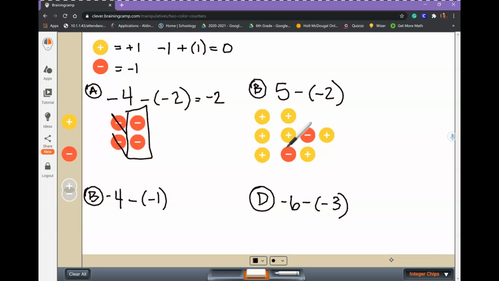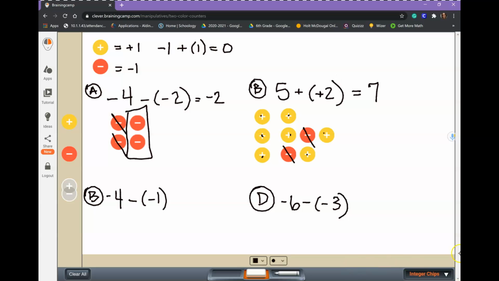So I'm going to remove those 2 negatives, and I'm left with 1, 2, 3, 4, 5, 6, 7 positives. So my difference is 7. It almost seems as if I have, just like in English, 2 negatives equals a positive, but we'll see.